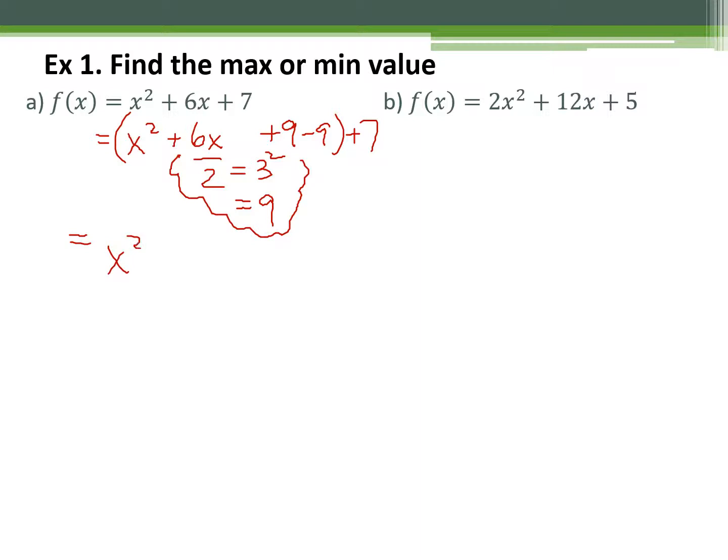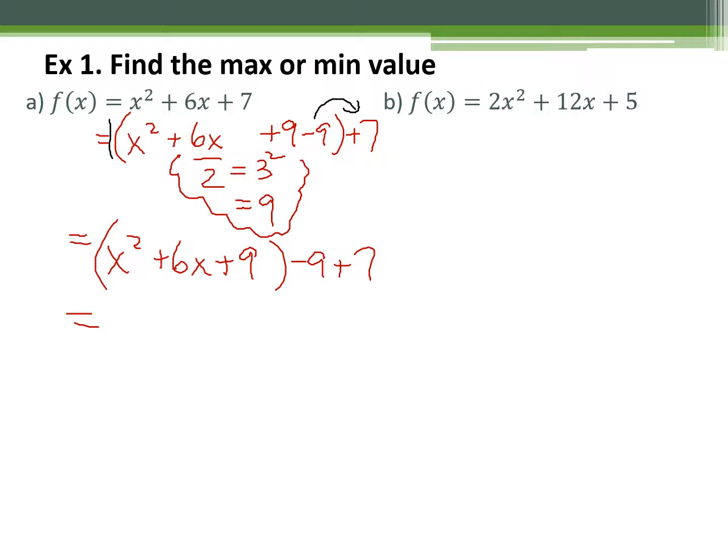From there, x squared plus 6x plus 9, put brackets around it. We're going to move this negative 9 outside the brackets. Once we do that, we have to multiply by our a value. In this case, our a value is just a 1, so 1 times negative 9 still gives you negative 9 plus 7. To factor that and get to vertex form, you're looking for two numbers that multiply to 9 and add to 6.